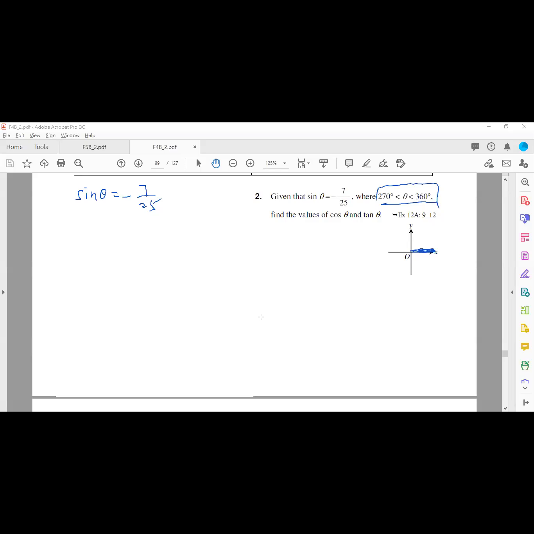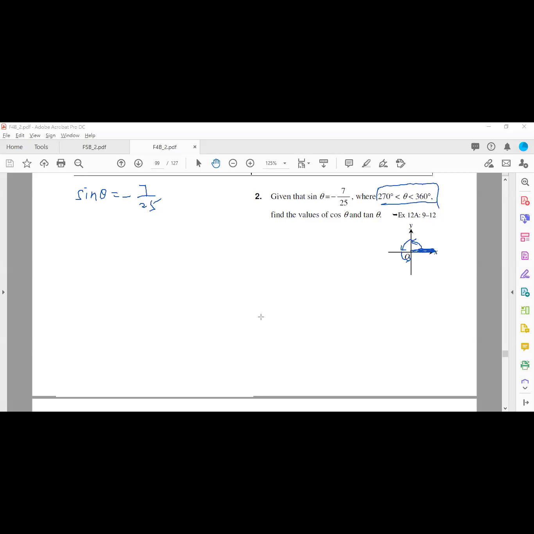This is 90 degrees. This is 180 degrees. And then this is 270 degrees. But this time, theta is larger than 270 degrees, but less than 360 degrees.